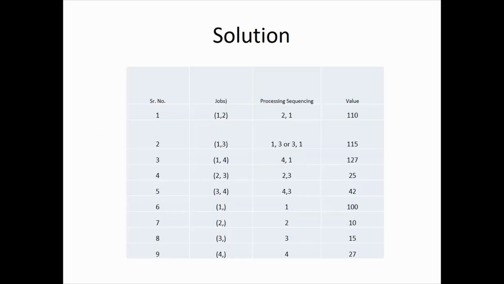That's why the job processing sequence for jobs 1 and 2 is 2 and 1. And the earned value is the sum of profits. Here, when we select jobs 1 and 2, the profit is 110: 100 for job 1 and 10 for job 2.